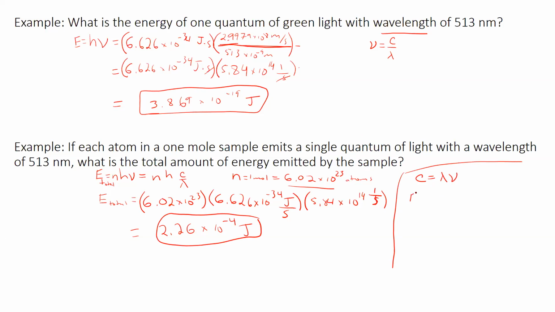We've got E of a quantum is equal to h nu, and E of sample, or E total, will equal N h nu, where N is the number of quanta.